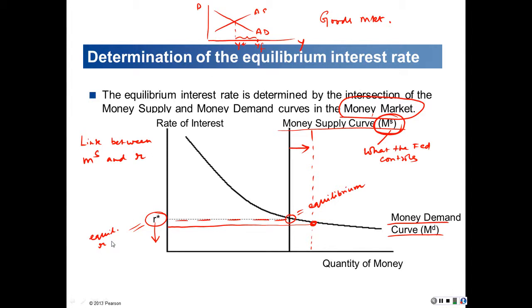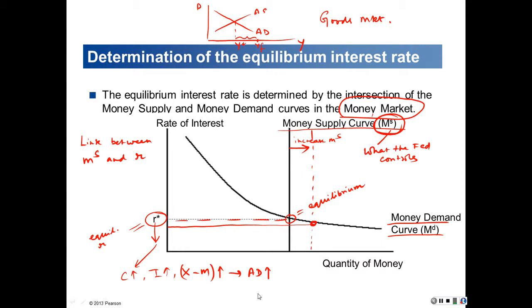So this is what the Fed is going to be up to in a recession then. The Fed would want to increase the money supply, because that increase is going to cause the equilibrium interest rate to fall. And that fall in the interest rate will cause consumption spending to go up, investment spending to go up, and also net exports to go up, meaning AD to go up, which is what we need in a recession.